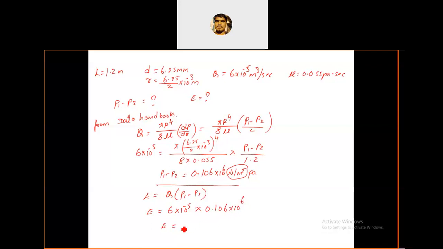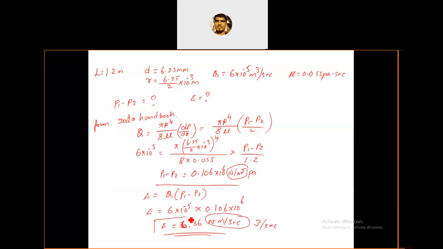Then E is equal to the final 6.36 Newton meter per second. That is joules per second. Newton meter means joules.